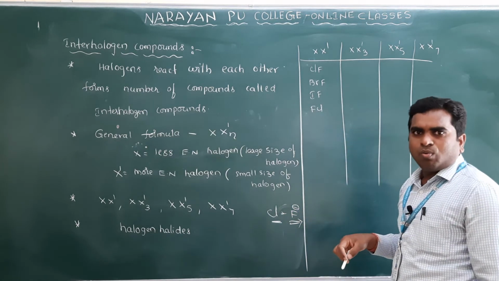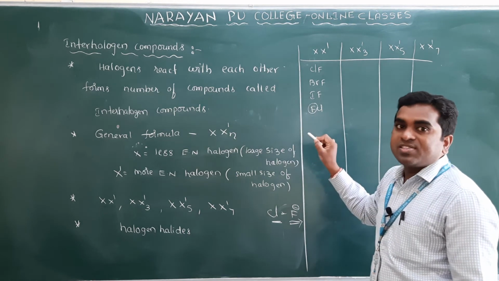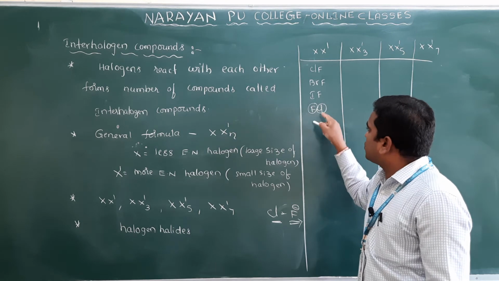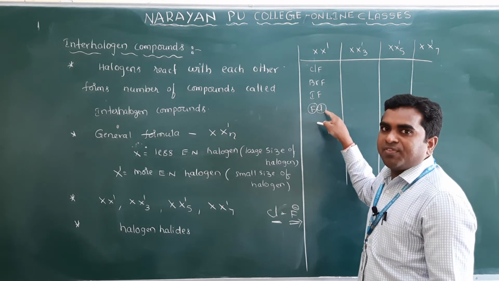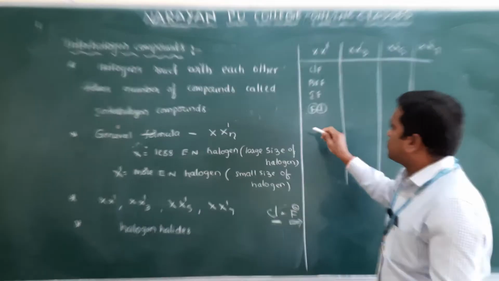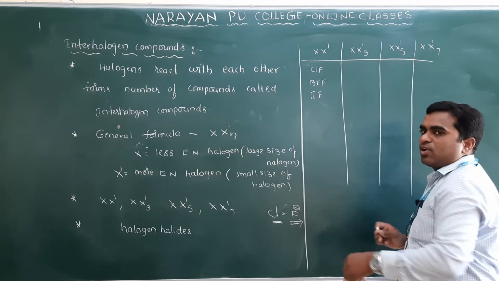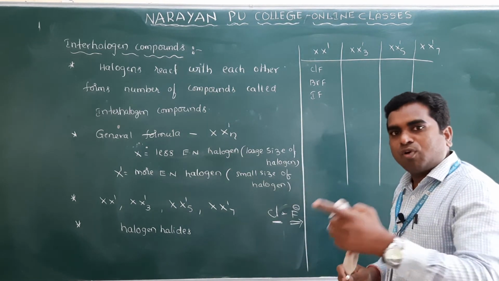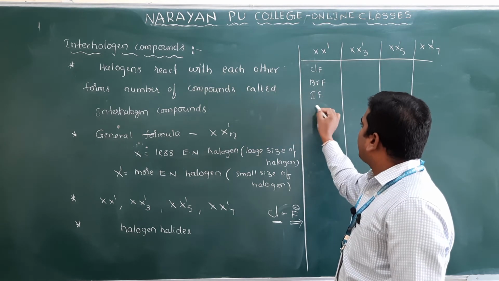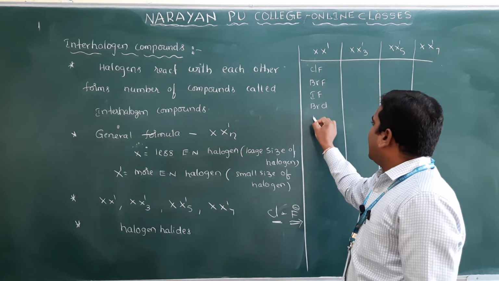We should not write it. Why? Because the first halogen should be large in size, and the second halogen should be small in size. But if I write FCl, fluorine is small size and chlorine is larger size. So you should not write like this. Always the large size halogen should be written first, followed by the small size. So ClF, BrF, and IF. I can also write BrCl and ICl.